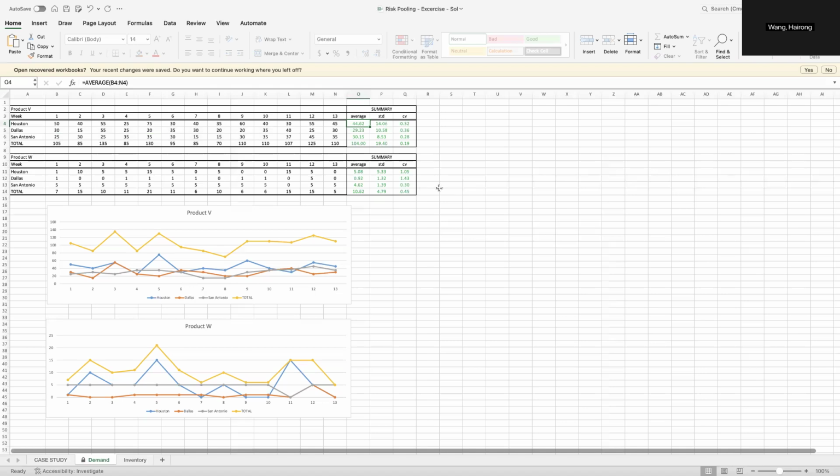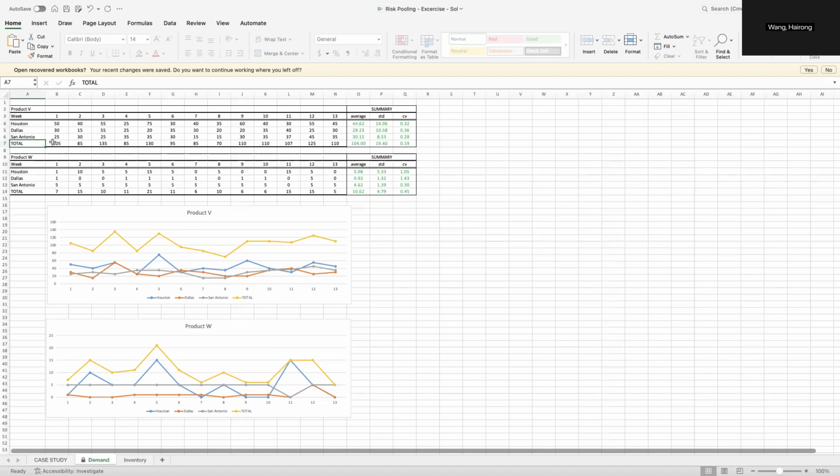And then finally, we would also like to calculate the total demand for these three locations, which means if we have a centralized manufacturer or a distribution center, then what will the average demand, the standard deviation of the demand, and the CV look like, right?